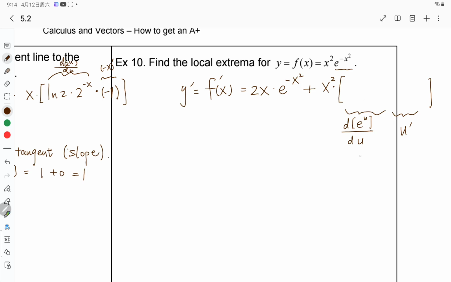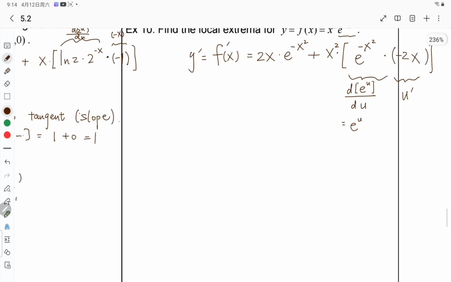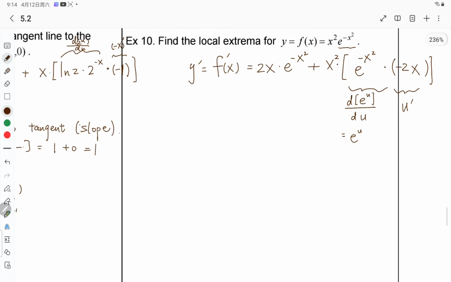So e to the u du is still e to the u. So here we just copy it down, right? Exponential base e is very comfortable. First layer, we just copy down e to the u here, and then negative 2x, okay? Yeah. So this is our y prime, okay?